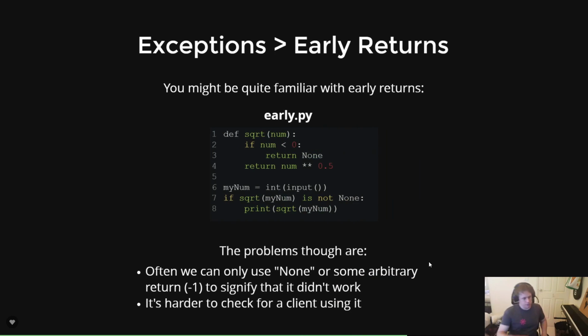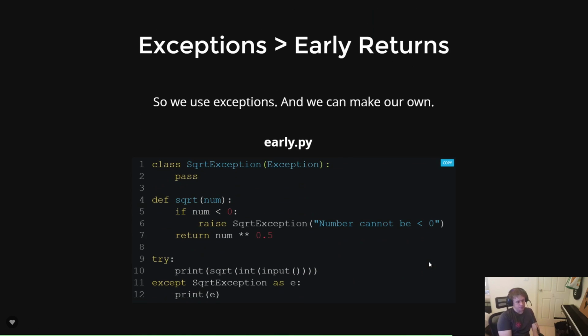Exceptions over early returns. Yeah, this one we don't need to talk about a ton because essentially this is just encouraging you to use exceptions. So last week we learnt about exceptions, and your C-style brain might be inclined to do something like, if you want to say that something failed, return none or return -1 or something like this.